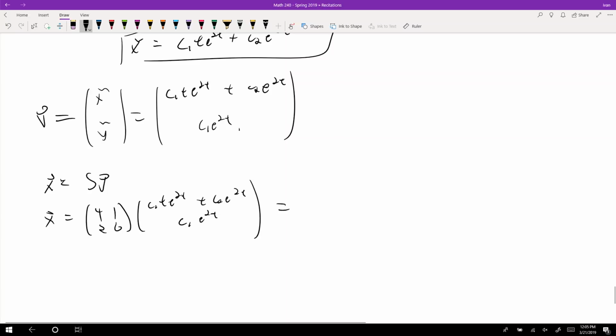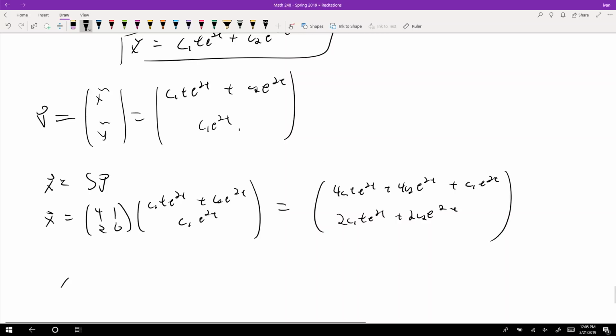Okay, and then if we multiply this out, we'll get 4c1 t e to the 2t plus 4c2 e to the 2t, and then plus c1 e to the 2t. And then on the bottom, we'll get 2c1 t e to the 2t plus 2c2 e to the 2t. And so that's x, and that's actually the solution.